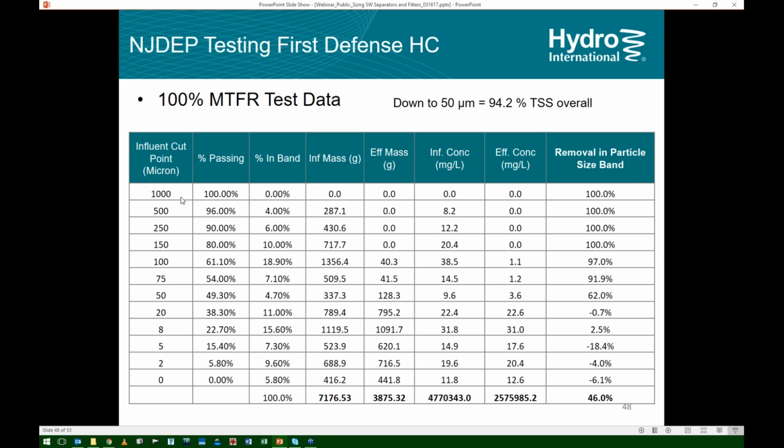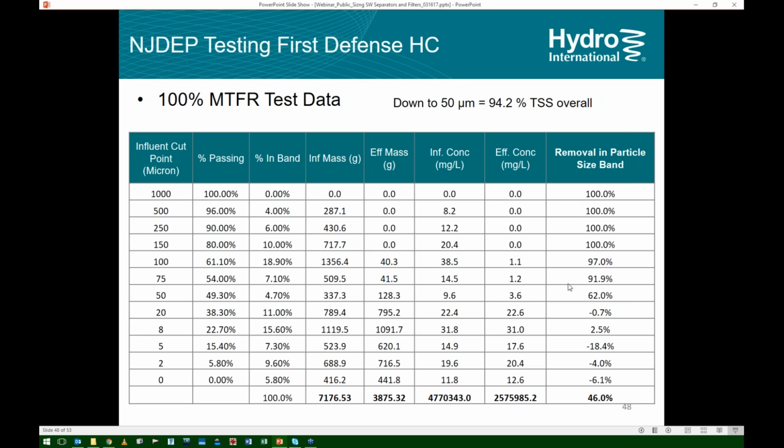Now this gave us a really interesting insight into the performance of separators, because now we can look at 1000 micron, 500, 250, 150, etc., right down to 2 micron, and see what was going on in terms of a percent removal.